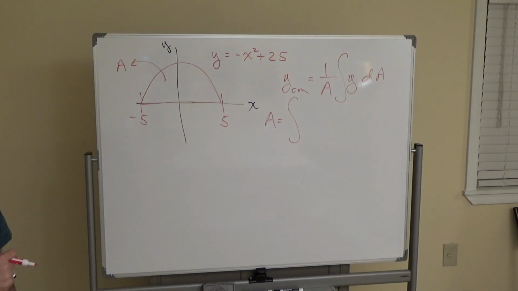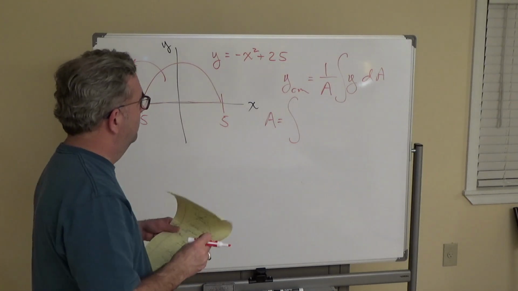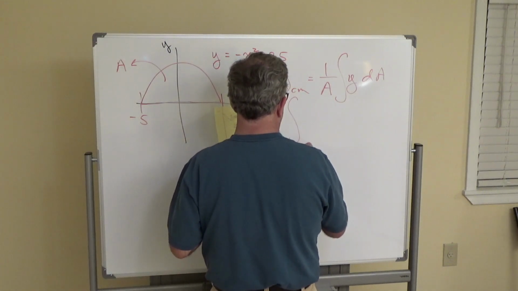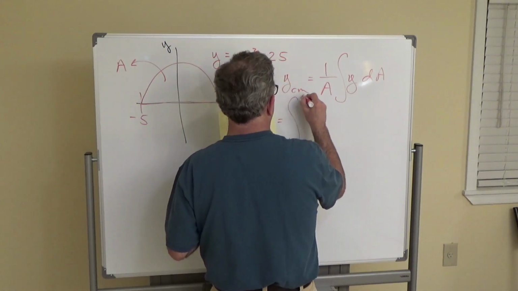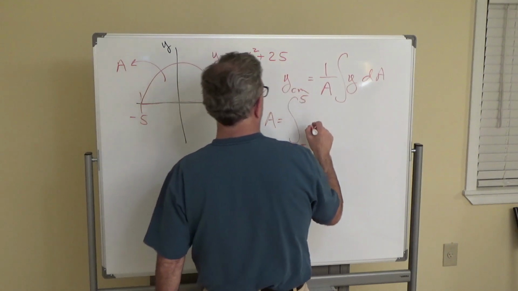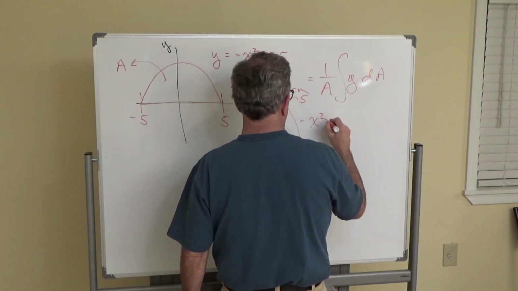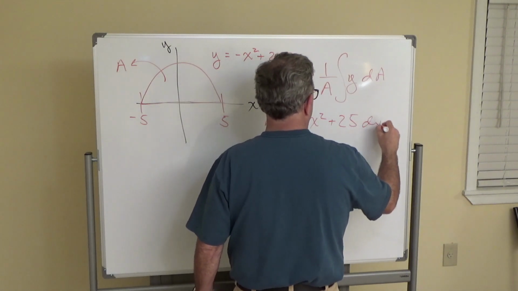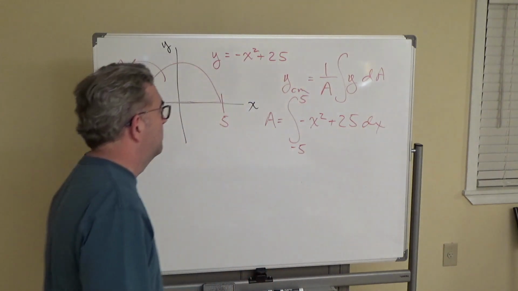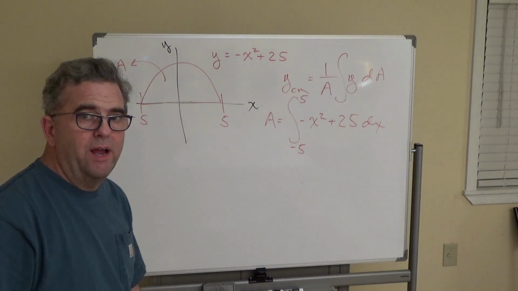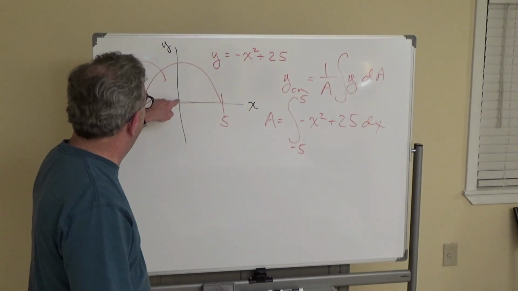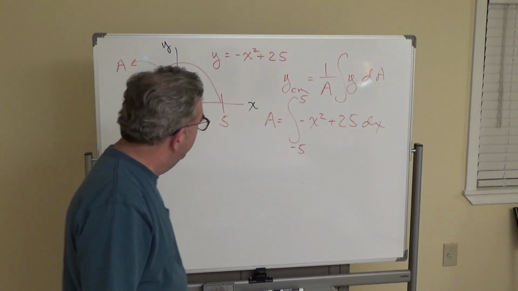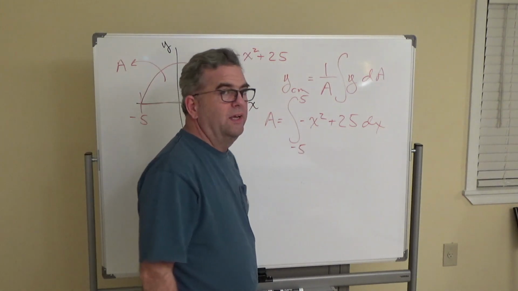Those are the roots. So we have the integral from -5 to 5 of negative x squared plus 25 dx. That's just for the area. I can find the area integrating over y, but that's harder. I'm not going to do that.